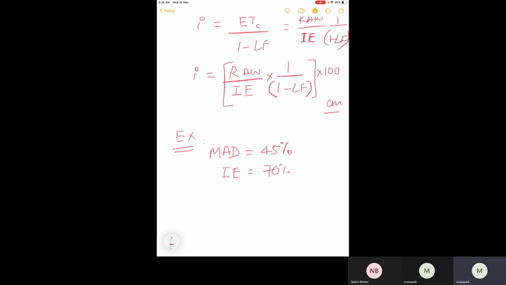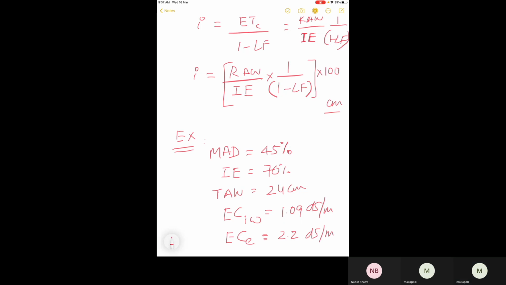Then you have TAW, the total available water, which will be 24 centimeters. That's the total available water. And then ECiw, the irrigation water salt concentration, is 1.09 decisiemens per meter. And ECe, which is the soil EC, is 2.2 decisiemens per meter.